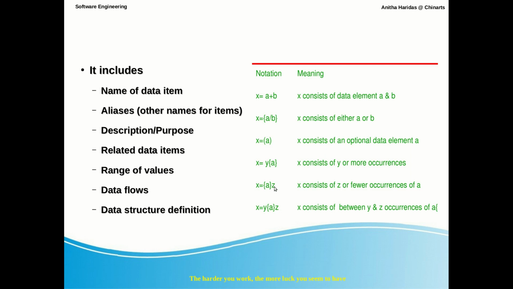If I have this notation, it says it can have occurrences of A lesser than Z. X consists of Z or fewer occurrences of A. That means the maximum it can have is Z occurrences of A. If I have given it like this, X can have a minimum of Y occurrences of A or a maximum of Z occurrences of A. These are some of the notations that will generally be used in the data dictionary.